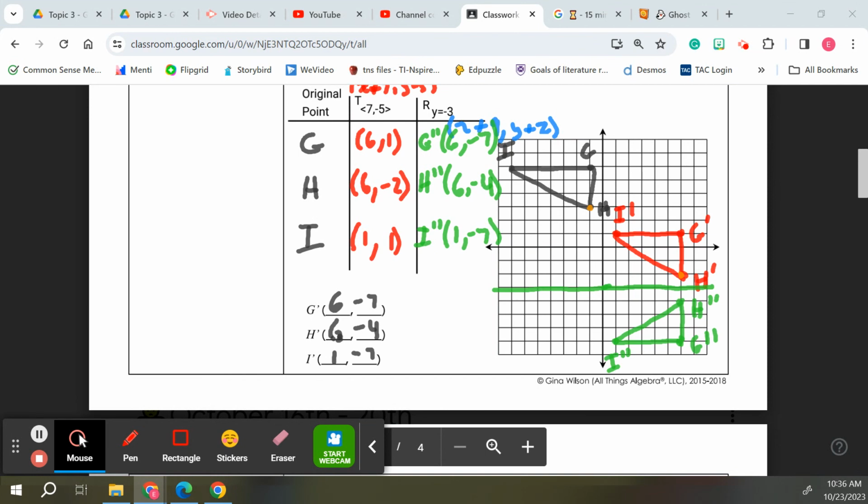All right, who's still working on this? This one had an error. Who can tell me what was the error?